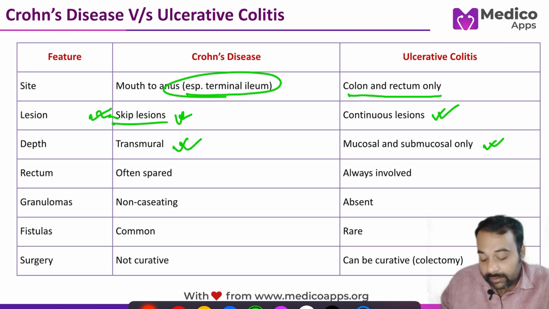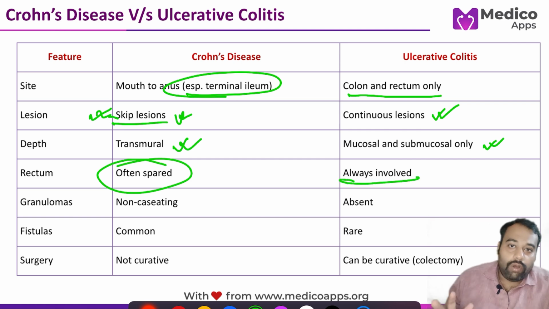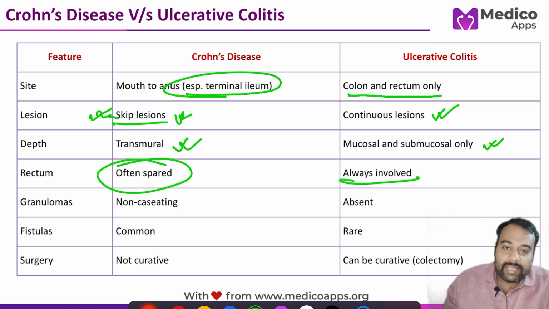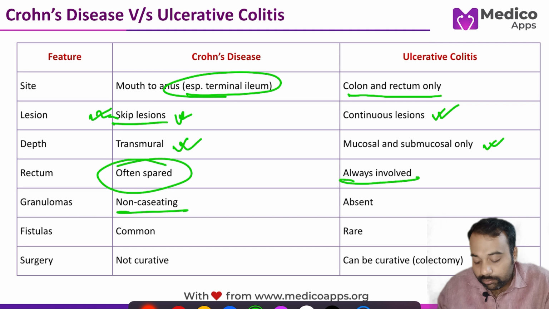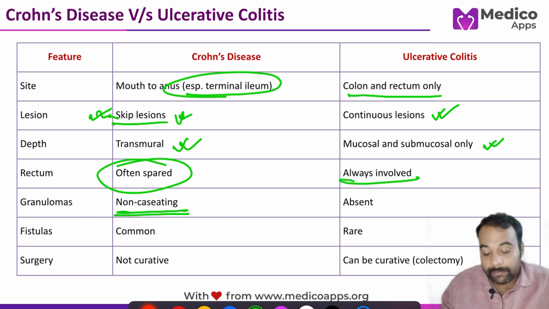In Crohn's, the rectum often gets spared, but in ulcerative colitis, the rectum is always involved. In Crohn's, there is a non-caseating granuloma. We have already seen how it looks on histopathological examination. But in ulcerative colitis, these granulomas remain absent.